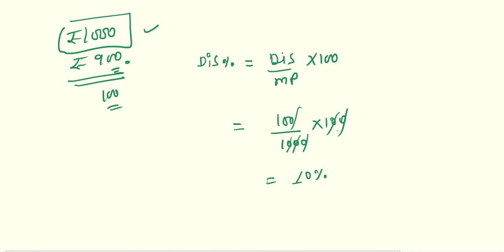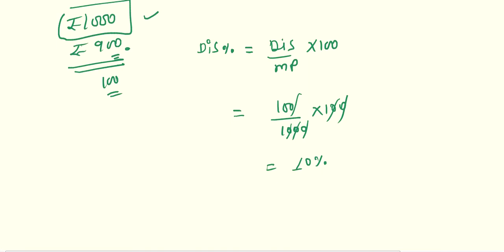Question number 3 you can solve. Question number 4 you can also solve. Now question number 5: a shopkeeper buys an article for rupees 300, then increases its price by 20%.